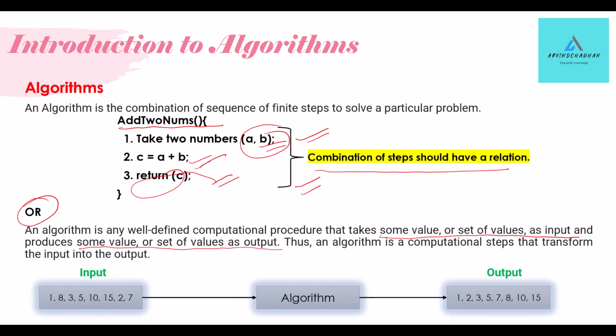So you can also see in this example, okay, here you have a set of values as input. You are giving those values into the algorithm, and finally you are getting some values as output. In this example, the set of input values is unsorted numbers.